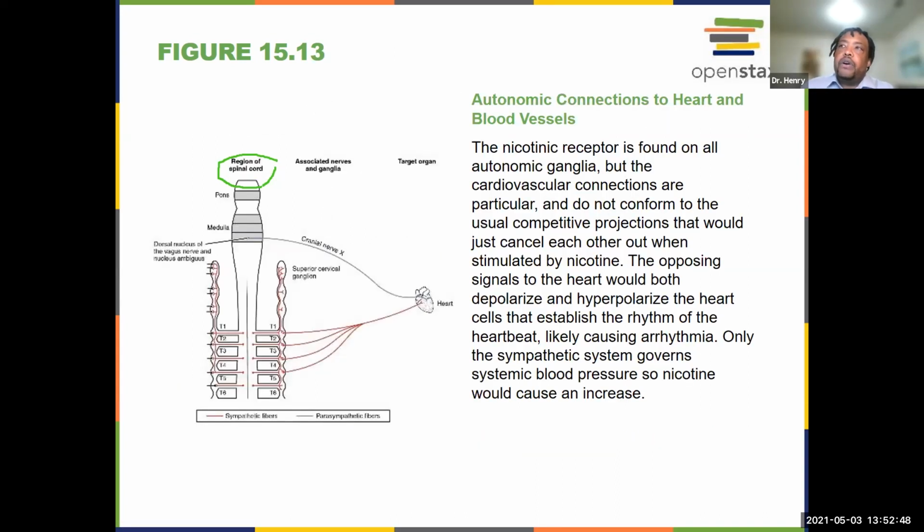Okay, so there are going to be autonomic connections to the heart and to blood vessels. For instance, you have nicotinic receptors all along the autonomic ganglia, but the receptors that are responsible for the cardiovascular part are not going to be shared.